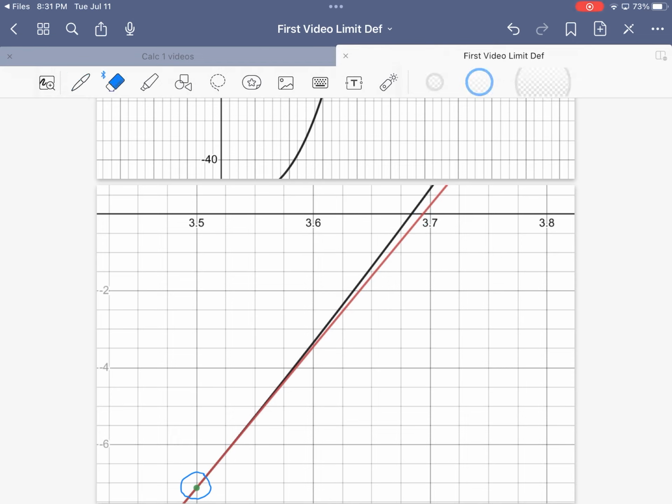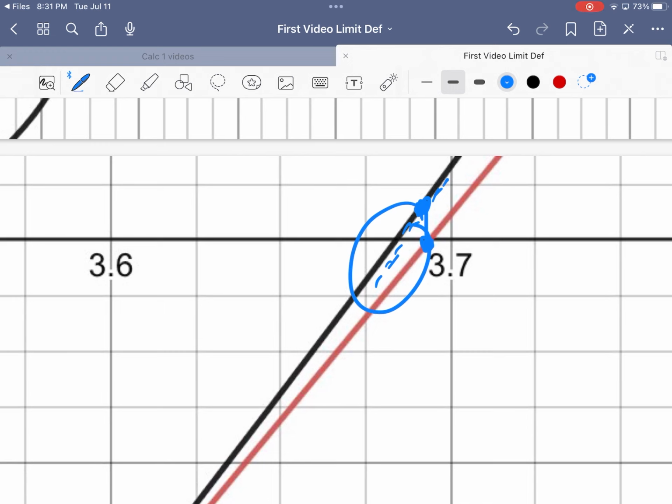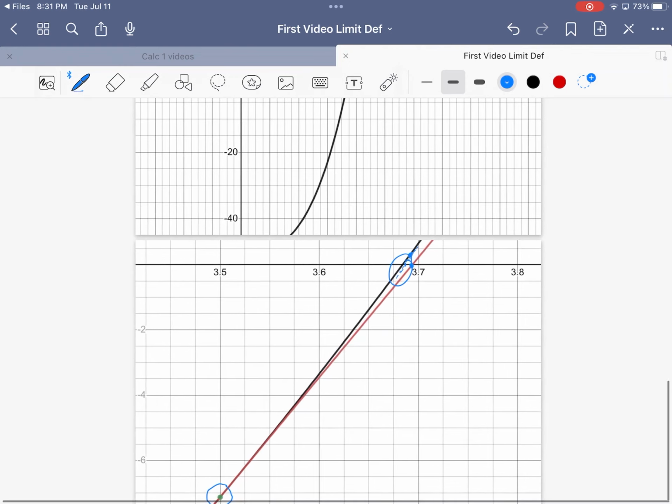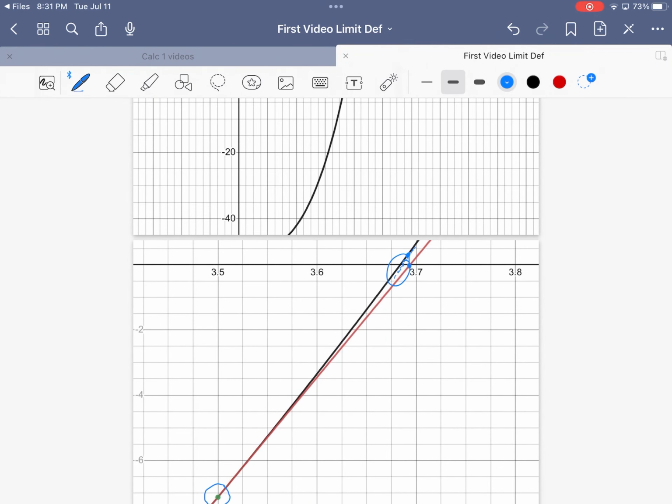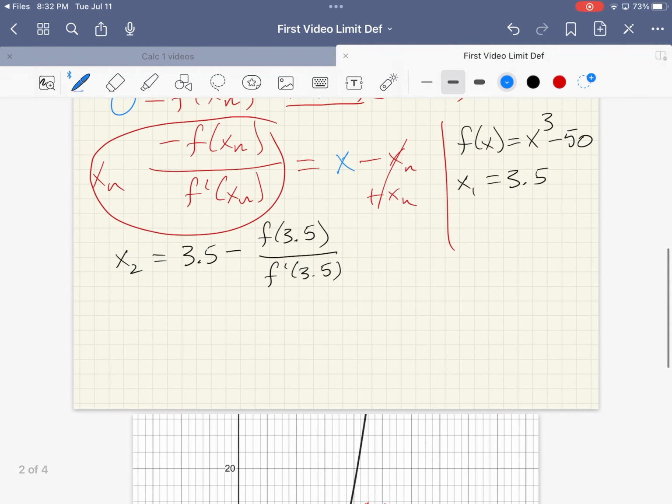I wind up with this value right here, and then I use it as my next guess, and it's going to come up here. Now the tangent line there will intersect much closer, and that'll be my next guess. And then the tangent line there would be closer and closer and closer. So you can see that if you have a good first guess, which ours wasn't bad, it's not going to take very long to get a really accurate approximation.